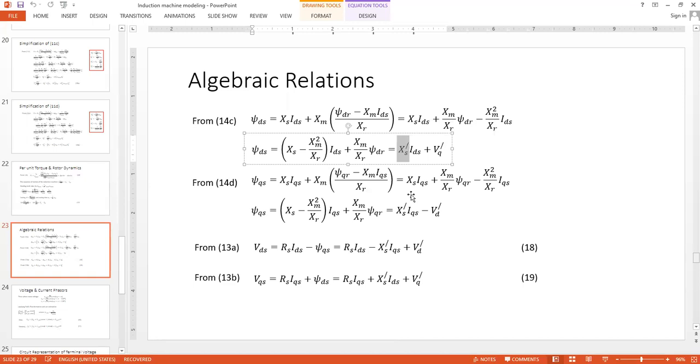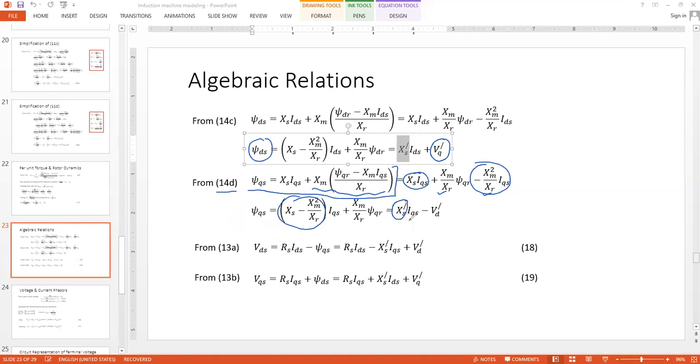What's the benefit here? The benefit is that now psi ds can be replaced by VQ dash, which is the state variable. Similarly, from 14D, which is the expression of psi QS, up to this point, again we expand this term. We get this term and this term. Again we group them, and again we find XS minus XM square over XR.